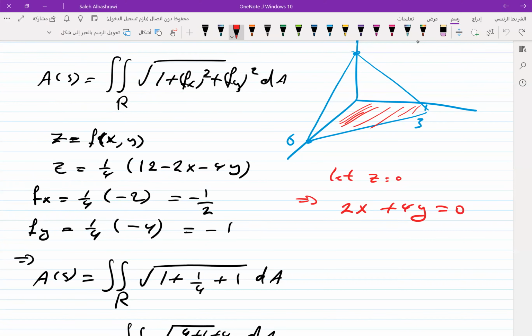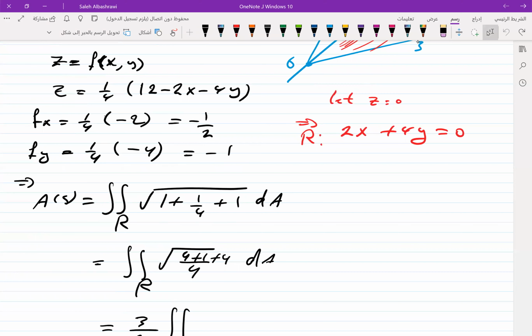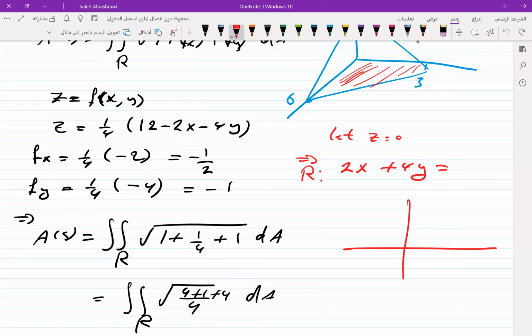So this will be my R. This is a triangle in the xy plane, where when y equals 0, x equals 6, and when x equals 0, y equals 3. This is R.